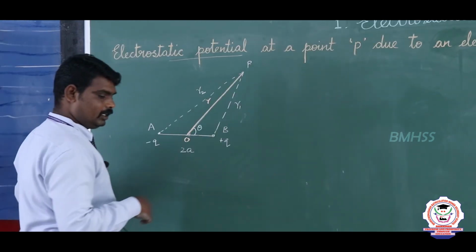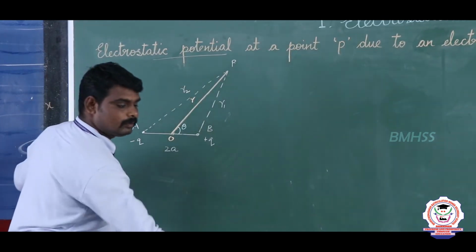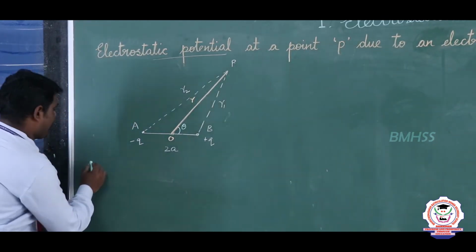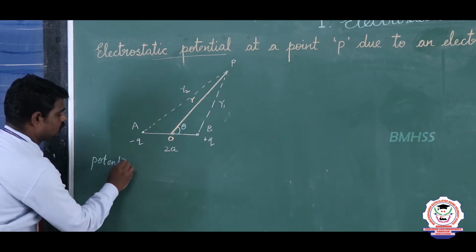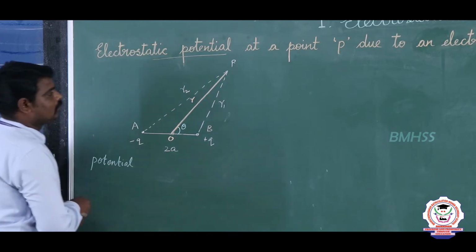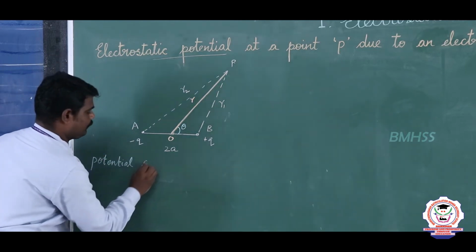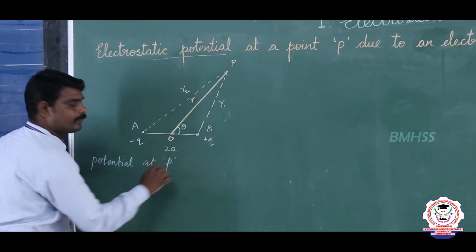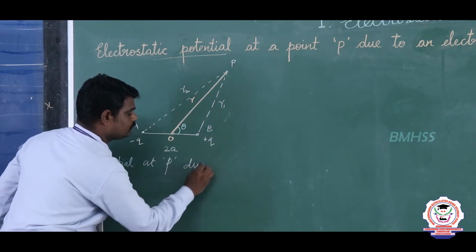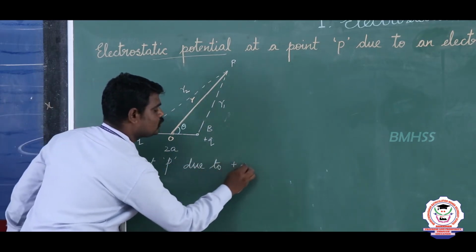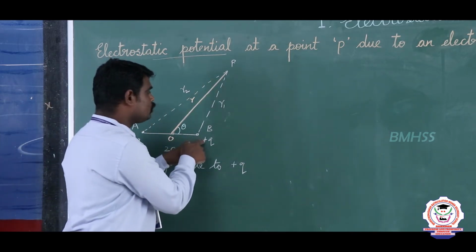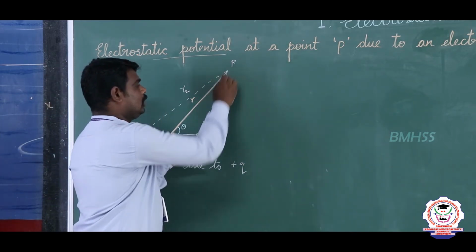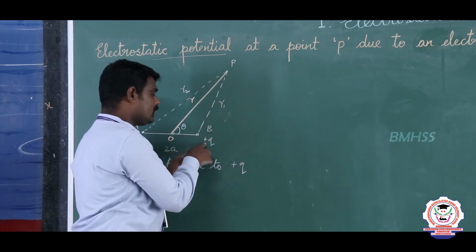The potential at point P due to plus q charge. What is the distance between this plus q charge and P? r1. What is the charge here?